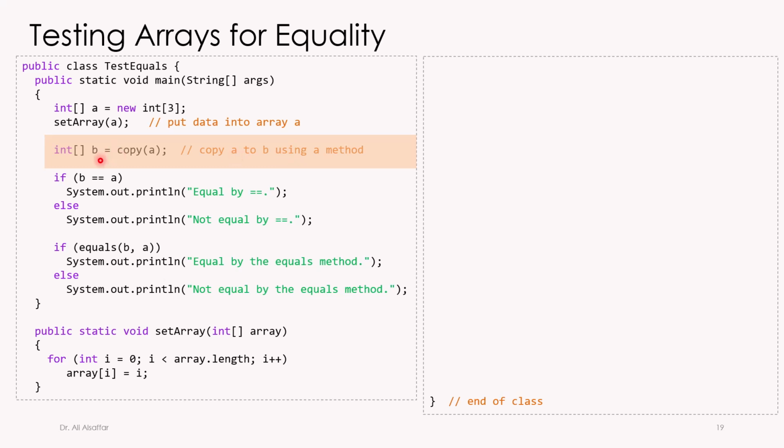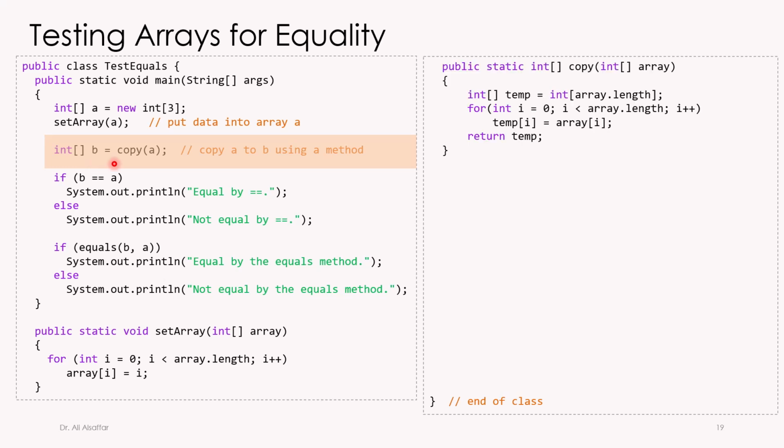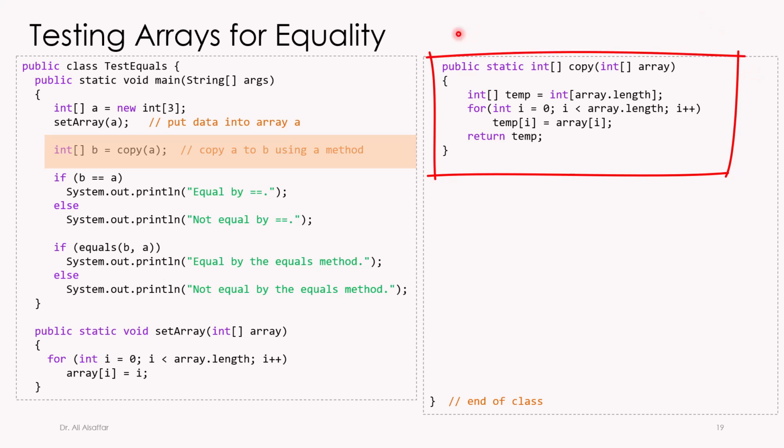This is how the array A, which is the source array, is copied into B as the destination. See how we are defining the integer array B and assigning with equals. That means the return value of the method will be assigned to B. Let us see the implementation of the method copy. This is the implementation of the method copy.